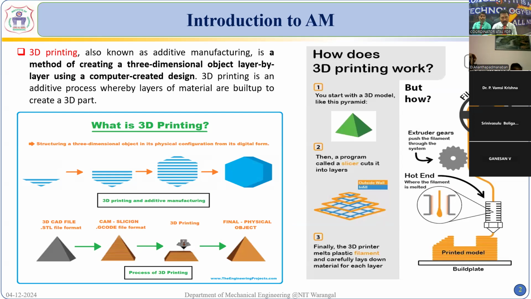So 3D printing or additive manufacturing is a method of creating three-dimensional objects. Normally we use a CAD model, give the input file to the system connected to the printer, and build a part layer by layer.